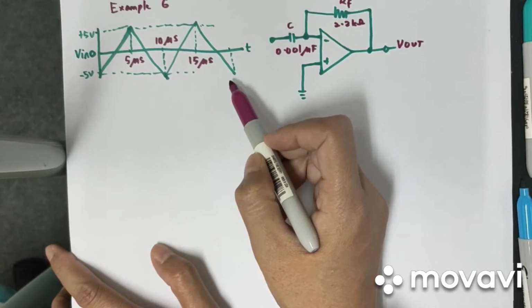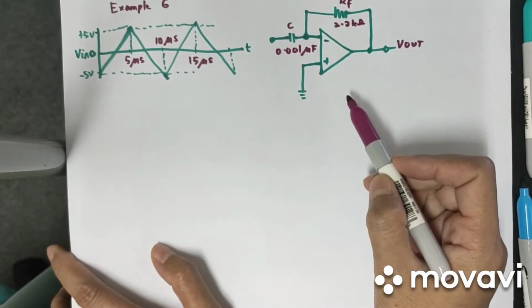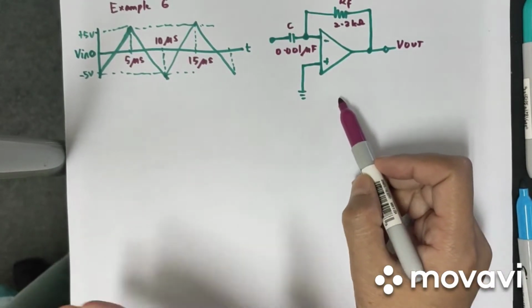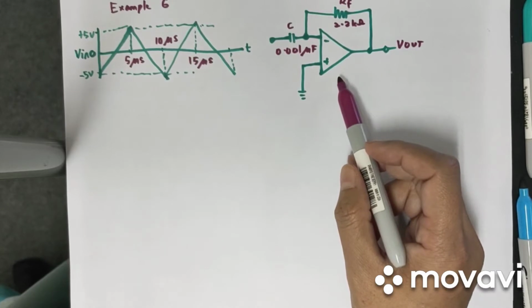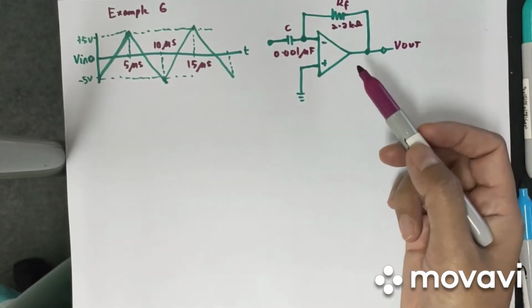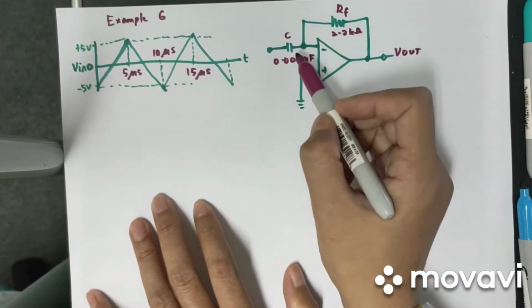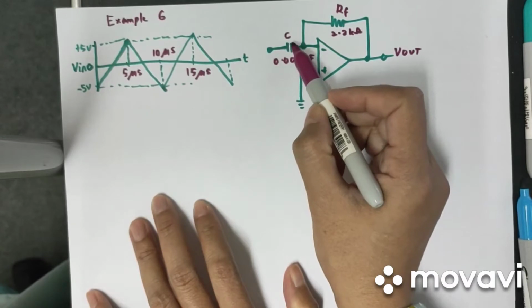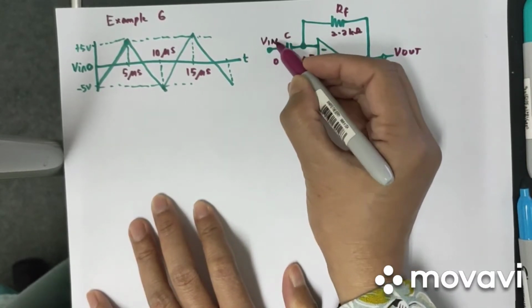Okay, as you can see, this is a kind of differentiator amplifier, an ideal op-amp differentiator. Okay, di mana dia ada capacitor pada input V in here.